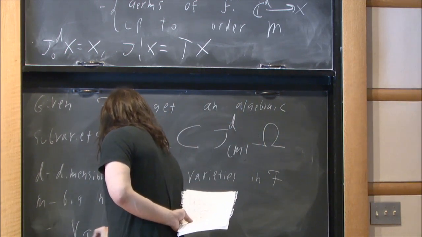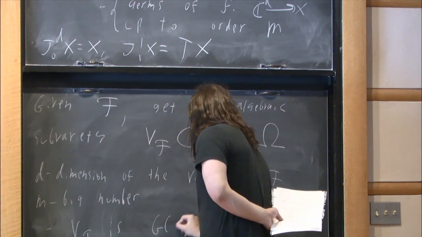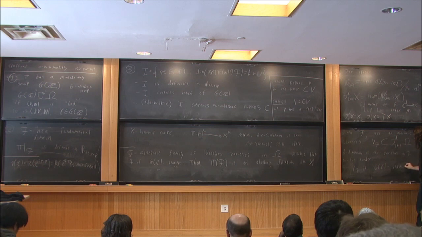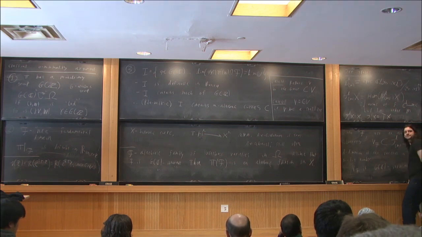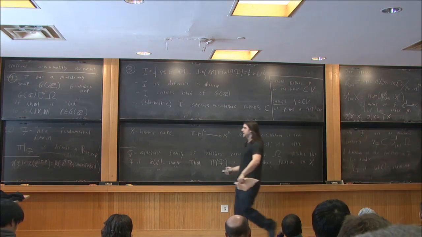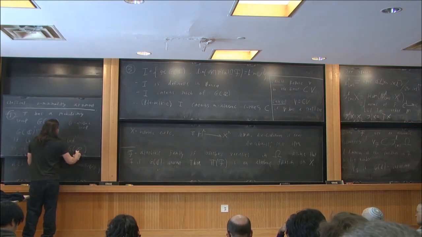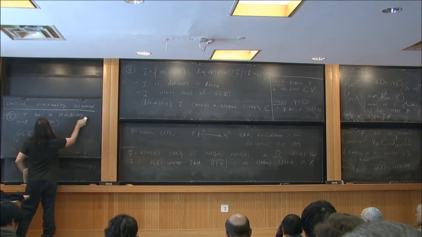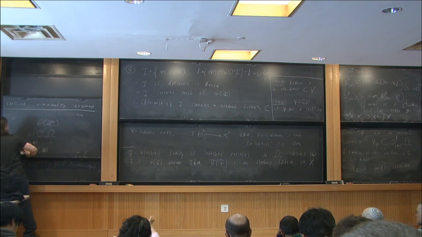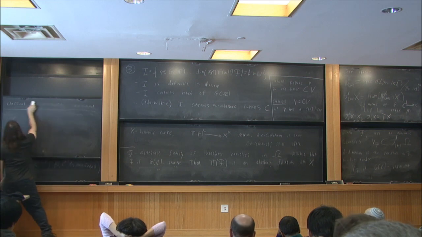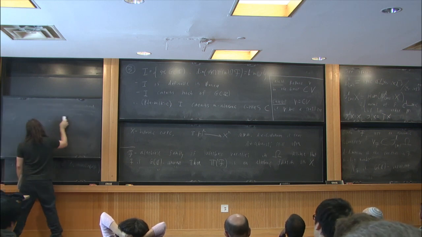Moreover, V_F is G_C invariant. Because everything is so functorial, there's a natural action of the group also on the jet space. And because our F was assumed to be G invariant, it follows pretty easily that V_F is G_C invariant.